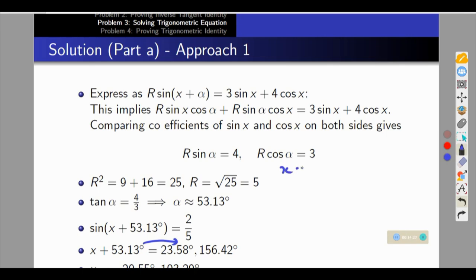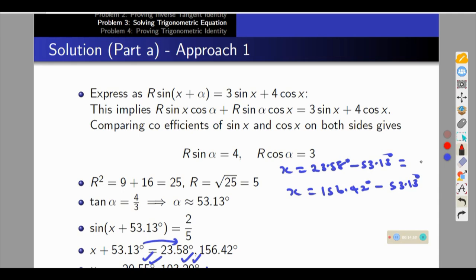So the first angle will be 23.58 degrees minus 53.13 degrees, and the next will be 156.42 degrees minus 53.13 degrees, and respectively you will be able to get these values of x. So that is basically how we solve such an expression.